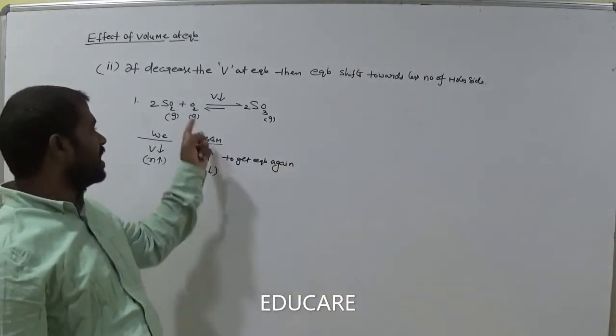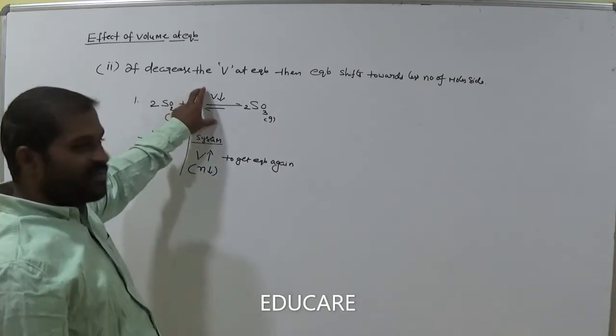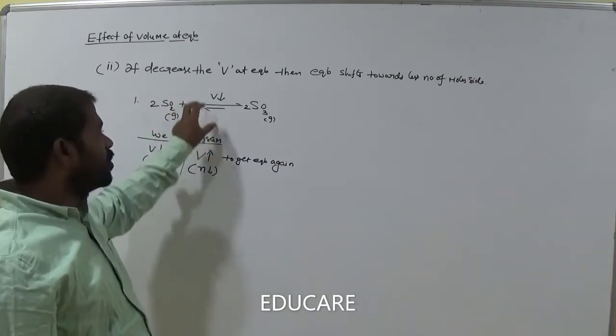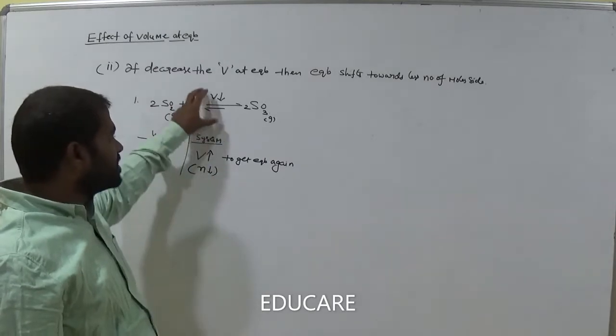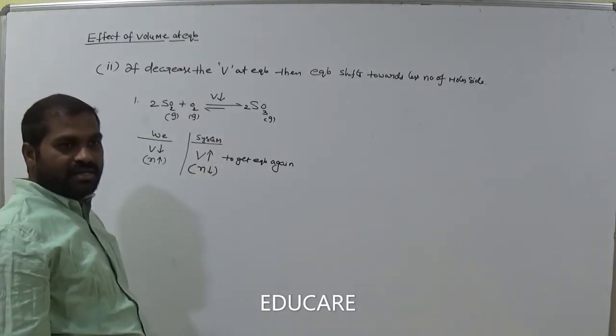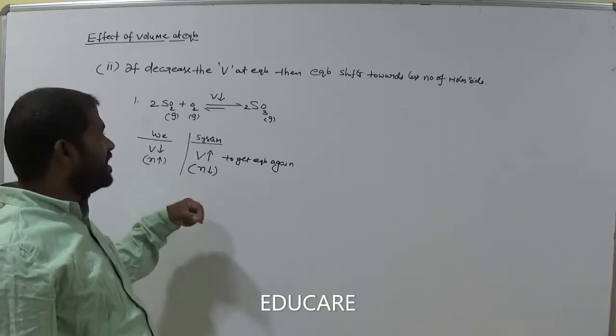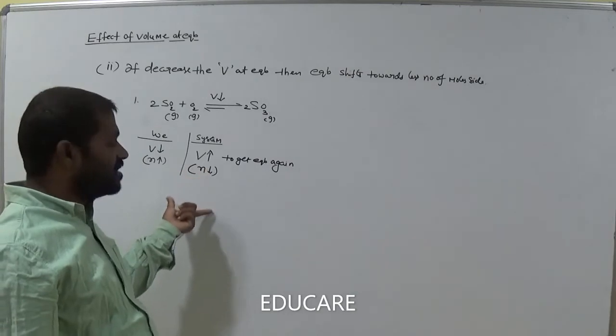Actually, if any chemical reaction is at equilibrium, it is in a very stable condition, there is no disturbance. Suddenly we make some disturbance, that means we decrease the volume. Then the system tries to get stable again.